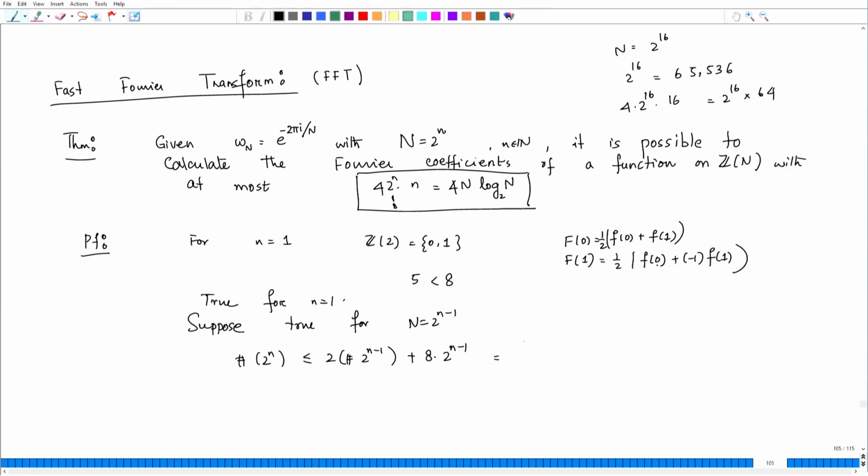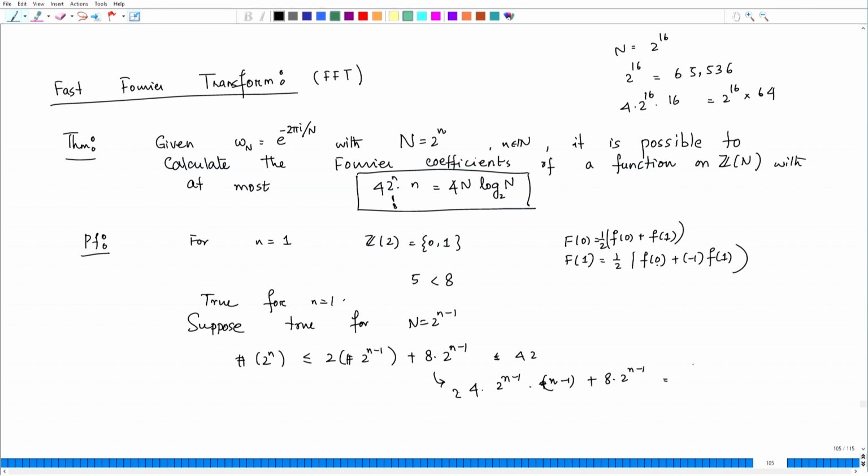So, this is at most 4 into 2 to the power n minus 1 into 2 into n minus 1, plus 8 into 2 to the power n minus 1.